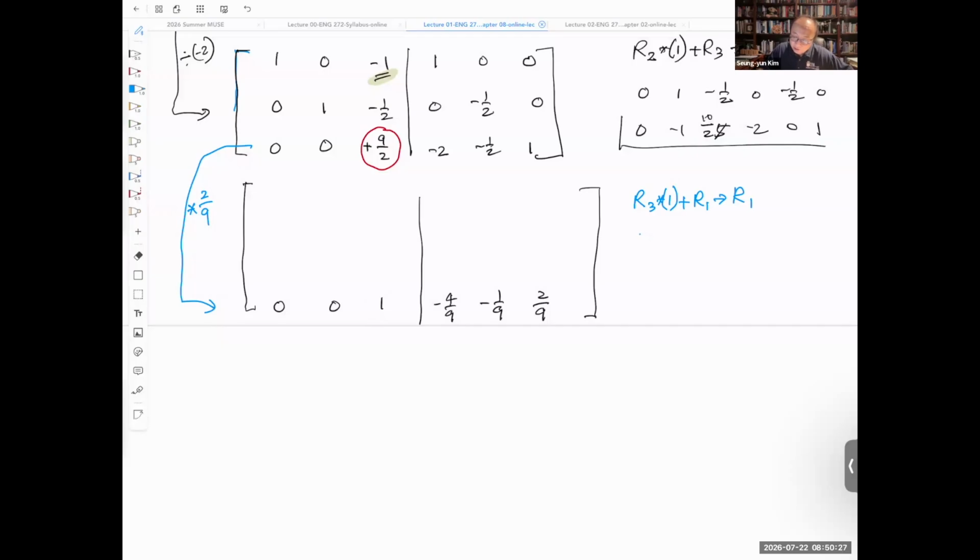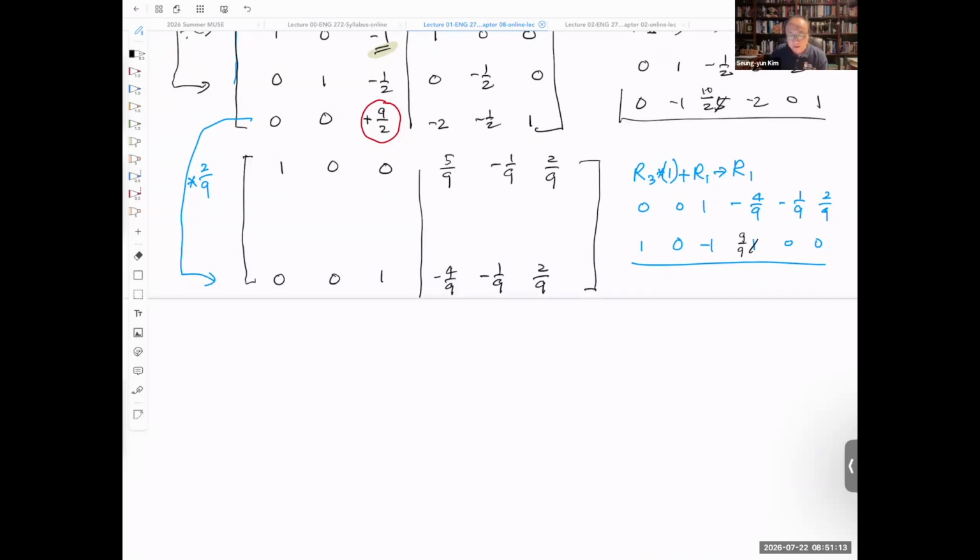So R3 is 0, 0, 1, negative 4 over 9, negative 1 over 9, positive 2 over 9, and R1 is 1, 0, negative 1, 1, 0, 0. When we add, we have 1, 0, 0, and this is 9 over 9. So we have positive 5 over 9, negative 1 over 9, and positive 2 over 9.